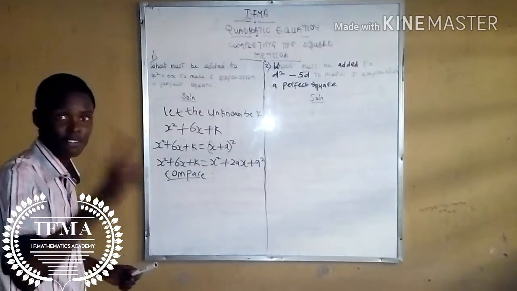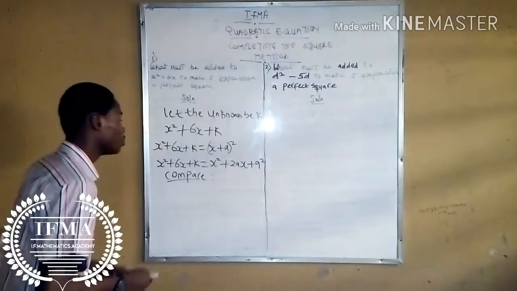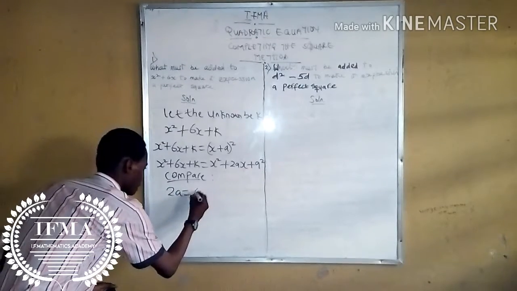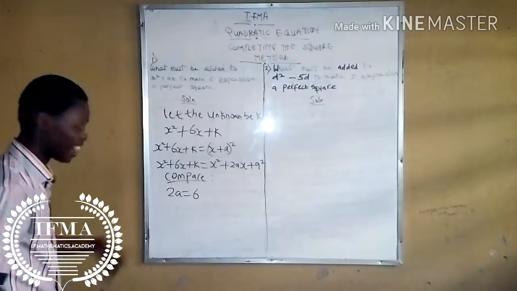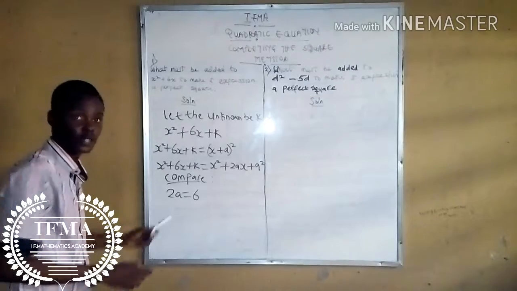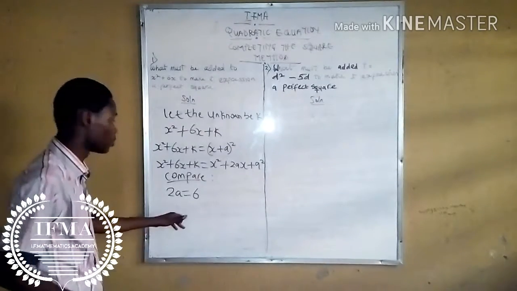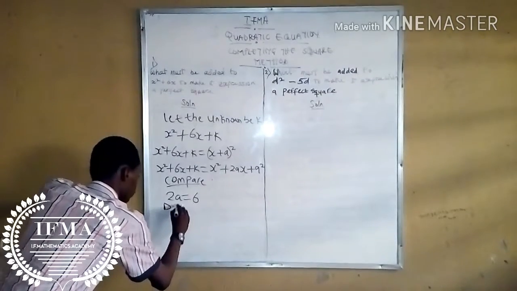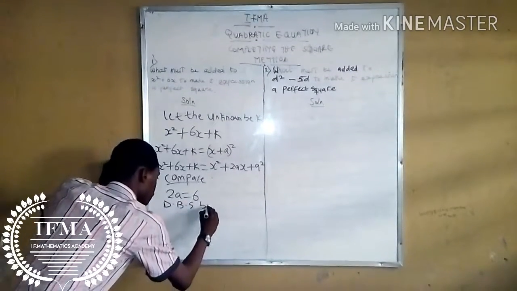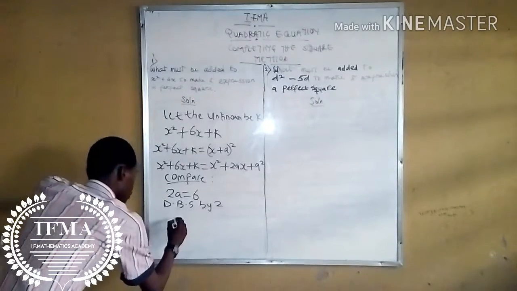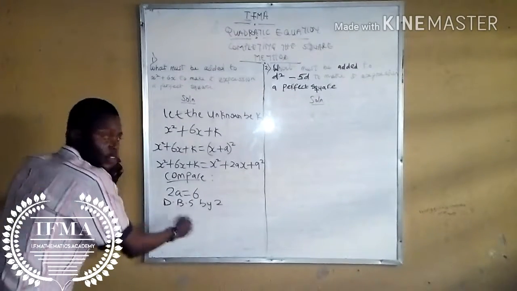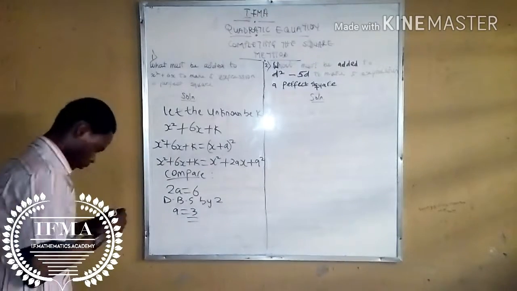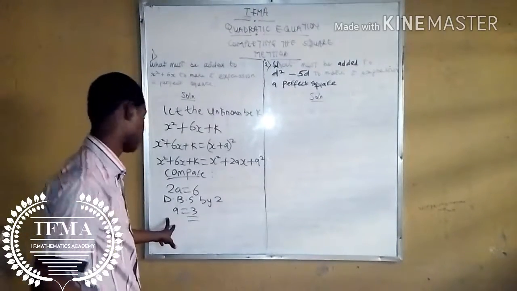Now we have to get the coefficient of a, and we all should know that to get our a, we need to divide both sides by 2. Therefore, our a becomes 3.